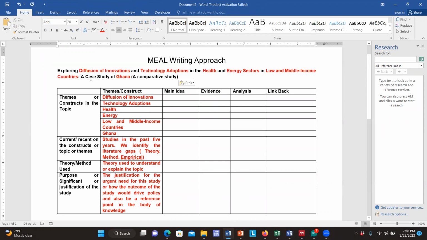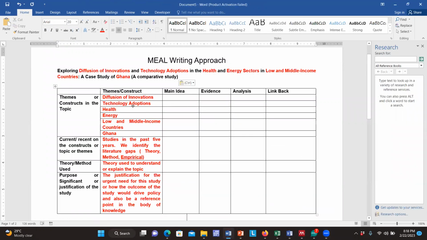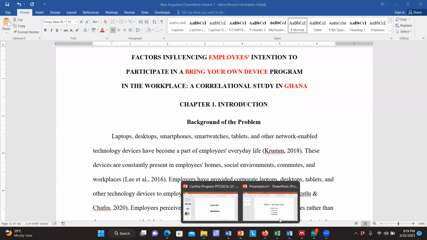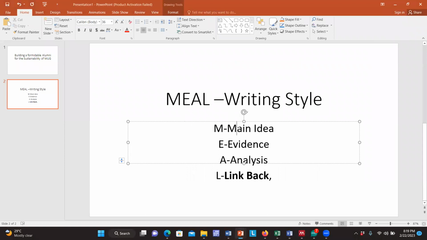Okay, so this is his topic, but I'm using this to explain because we'll come here, right? This man has followed this part and the meal. So the first one for the meal was the main idea. Okay, so this is its main idea.